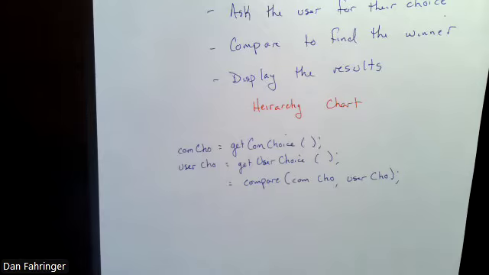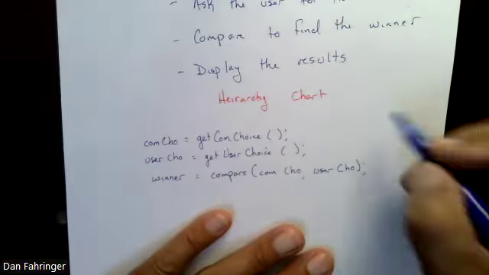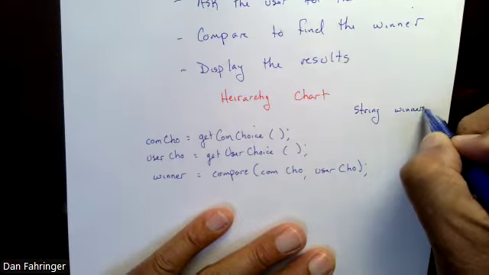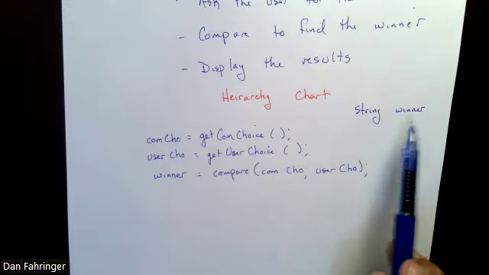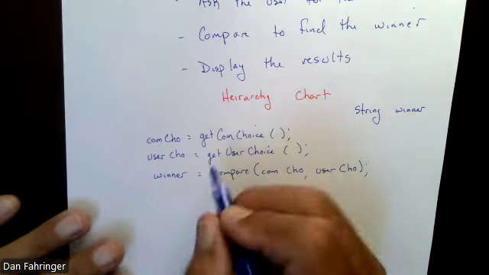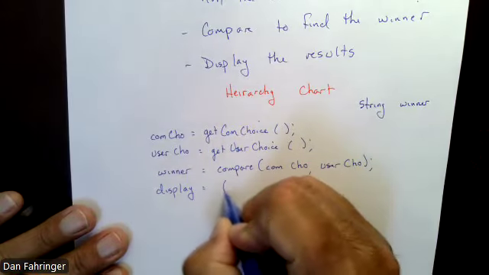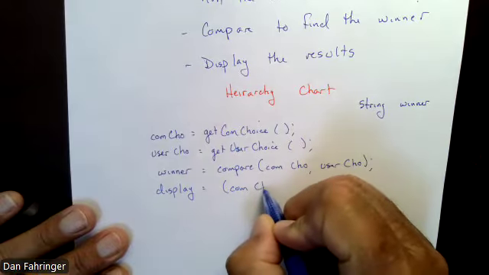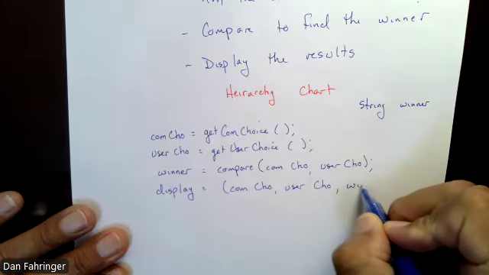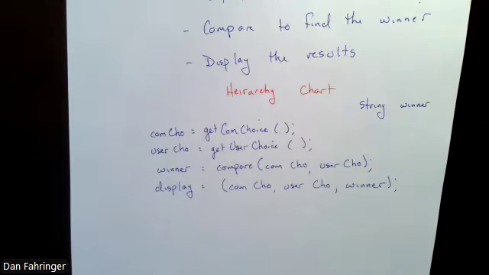Could we return winner and make winner a string? That way we can give it the name user, the name computer, the name tie. So whatever winner comes out to be. And then finally display. I know nothing's being returned there. So I'm going to have display of everything. Here's what the computer chose. Here's what the user chose and the winner. That's my main.